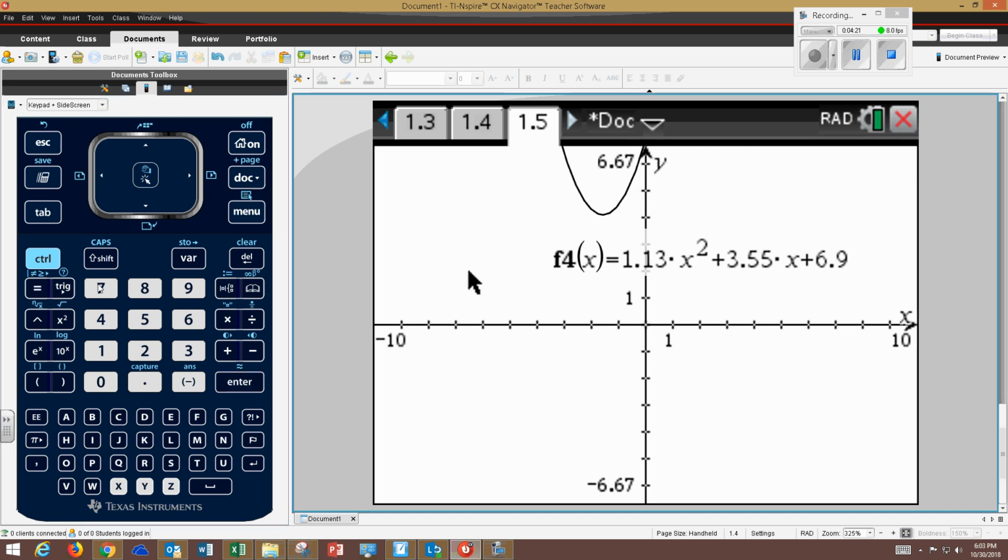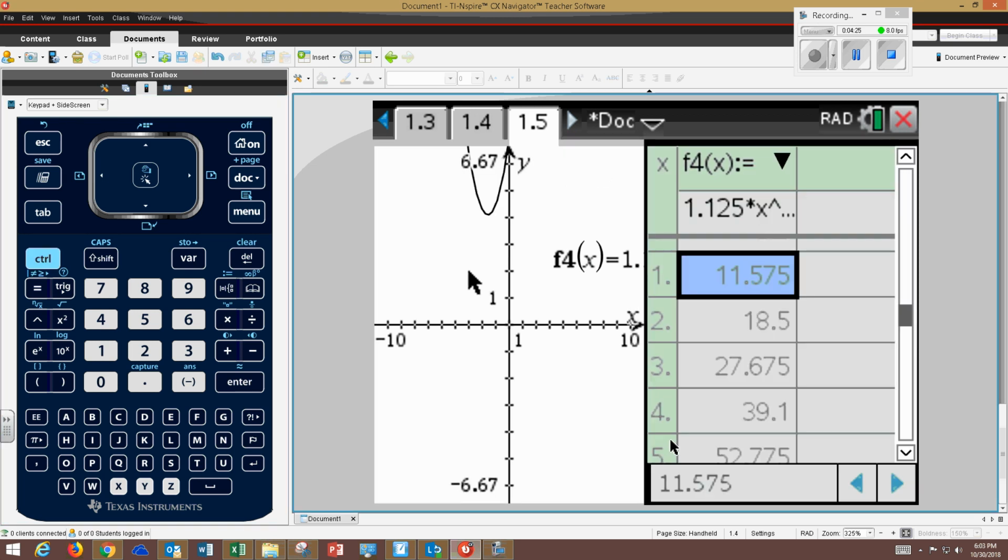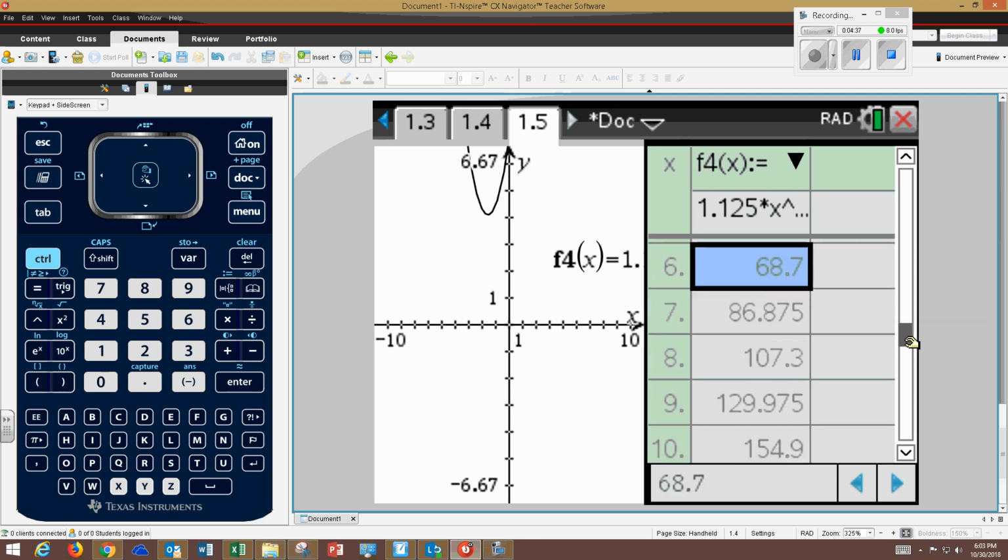Let's look at the table. Hit Control T for table, and let's go to where X stands for the length of the size of tile. Let's go to where X is 9. If we go to where X is 9, we get an area of 129.925, and if we round that, that's about 130.